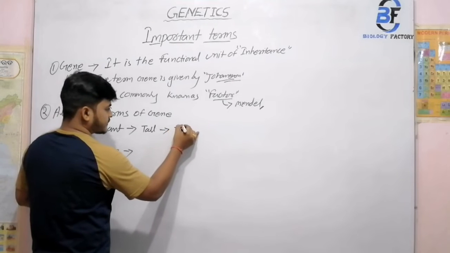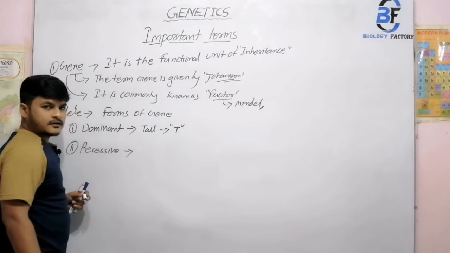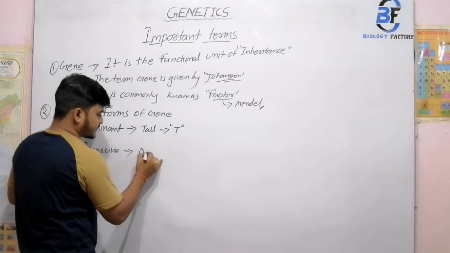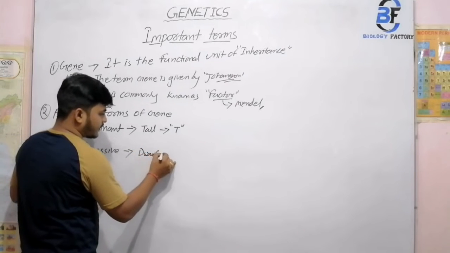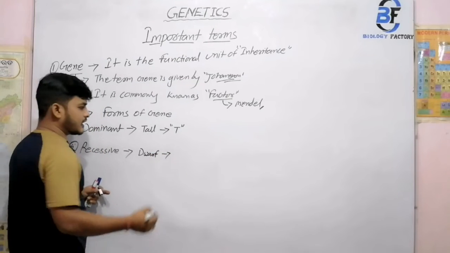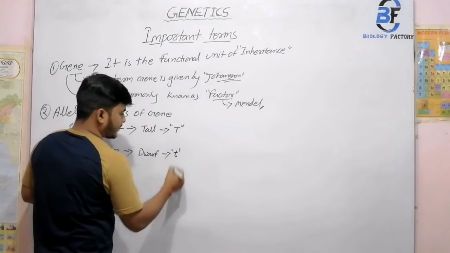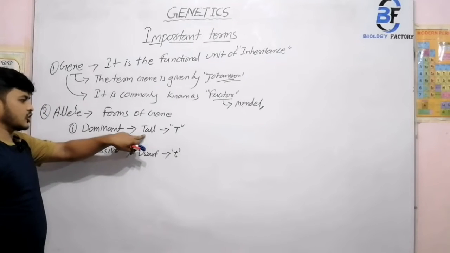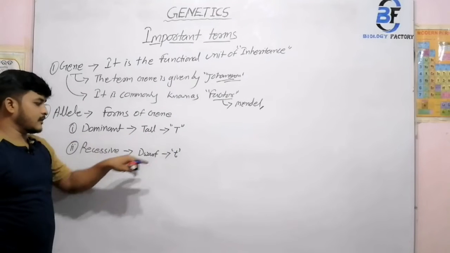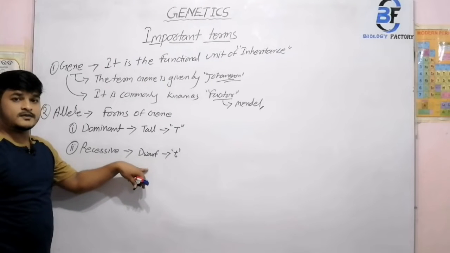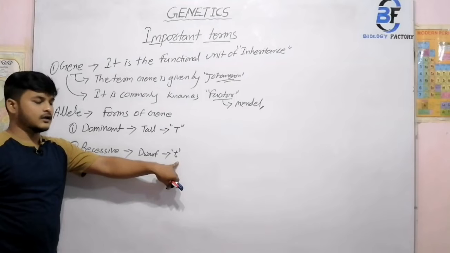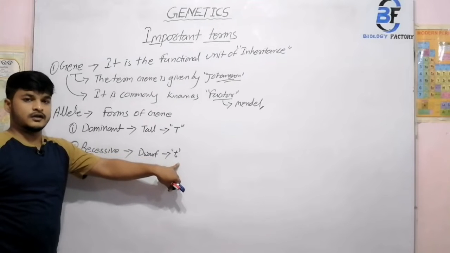letter is represented by capital T. In the same case, if we take the example of dwarf, then the representing letter is small t. So here we see that in dominant, the tallness is capital T, but in recessive it is dwarf, that means short, but the representing letter is not S or D, it is small t.